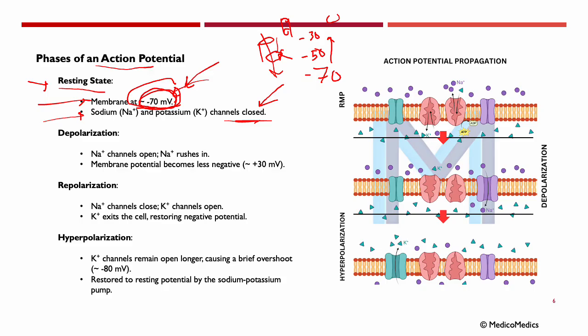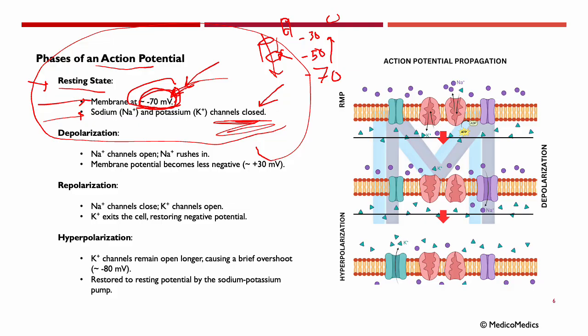So in short, the ion channels stay closed at rest to keep the neuron in a ready-to-fire state, while maintaining the necessary electrical gradient for action potentials. I hope that clarified a little bit if you were also thinking, why are these closed?